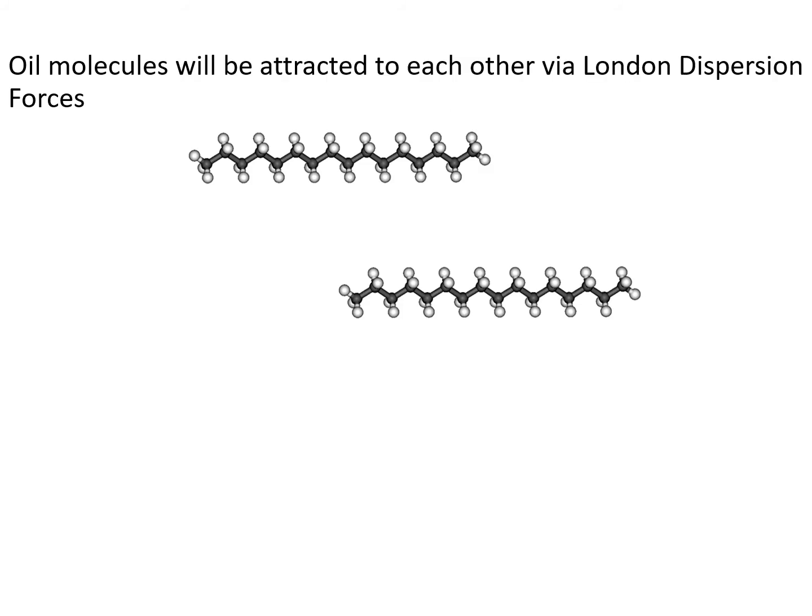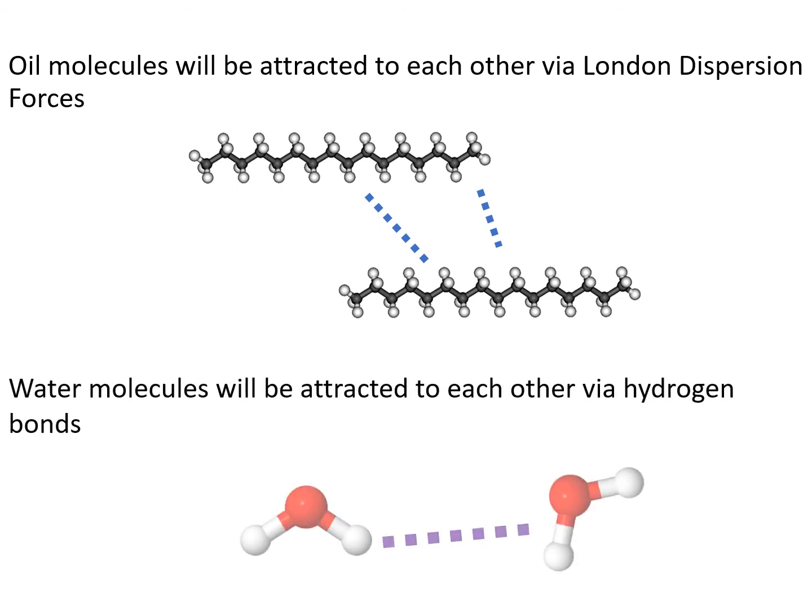So we're going to use oil and water, so if you imagine we have a glass of oil and water, the oil molecules will be attracted to each other via London dispersion forces, whereas the water will be attracted to each other via hydrogen bonds there.